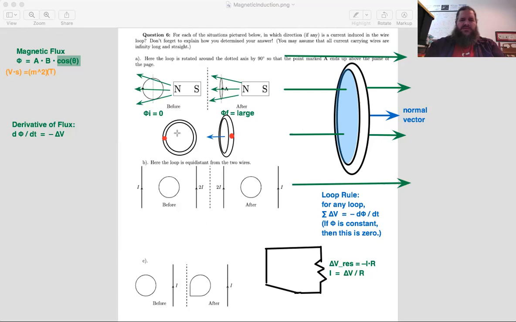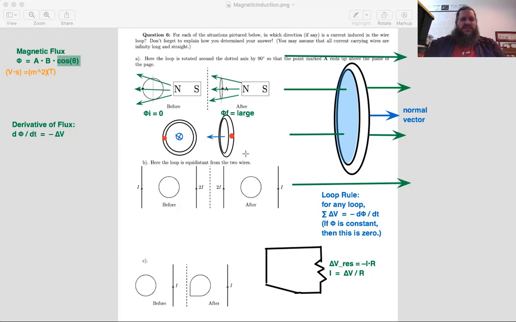So we'll treat the original normal vector as inwards. And that means we can think of that as the direction of the flux: inwards at the beginning and to the left at the end.